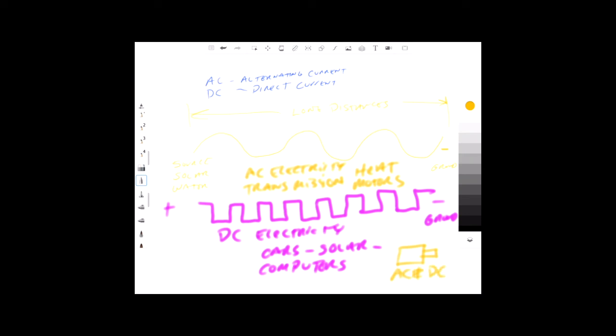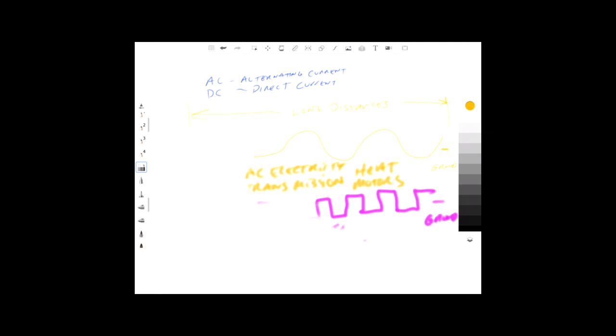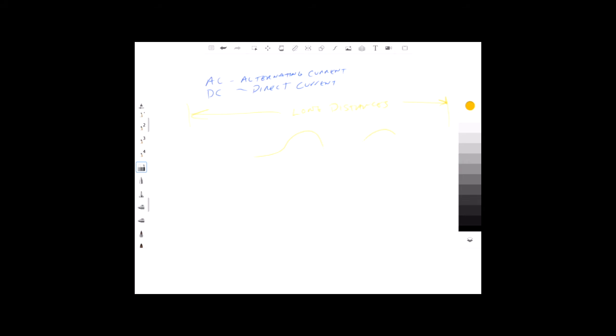Okay, so let's move on and we'll talk about wire sizes. I'm going to erase all this. One of the things that we do when we're trying to figure out how we manage power, we have to think about the voltage and the amps.